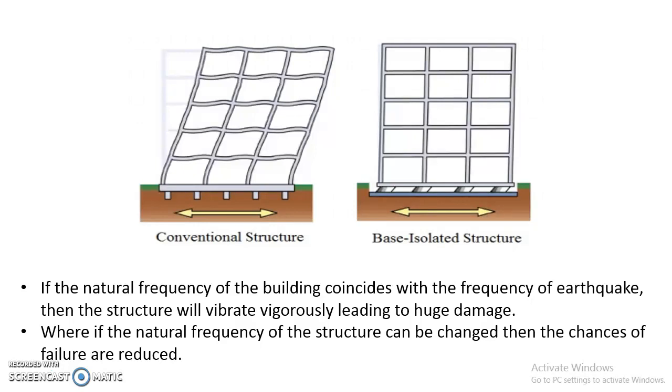Whereas by using techniques like base isolation, there is a chance to change the natural frequency of the structure so that the frequency of the structure and the frequency of the earthquake do not coincide, which will ultimately lead to reduced failure, or chances of failure will be very low.